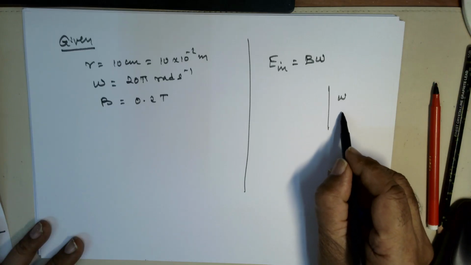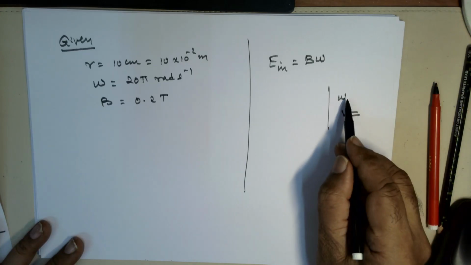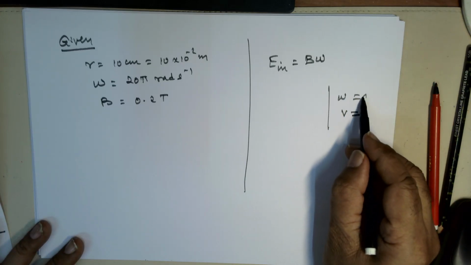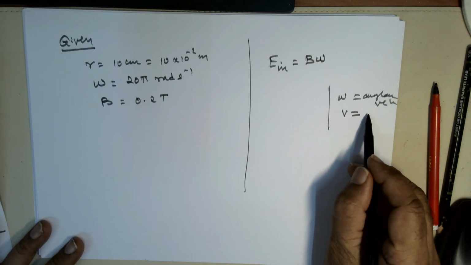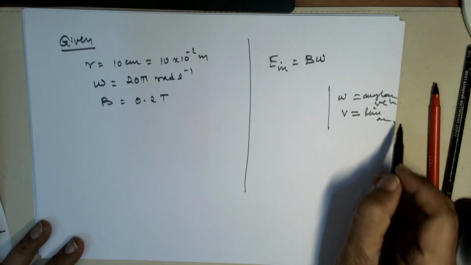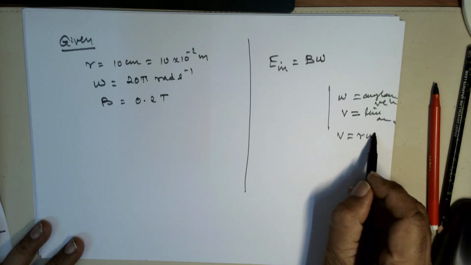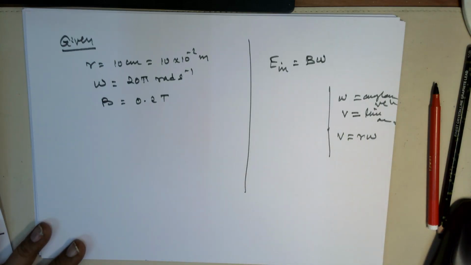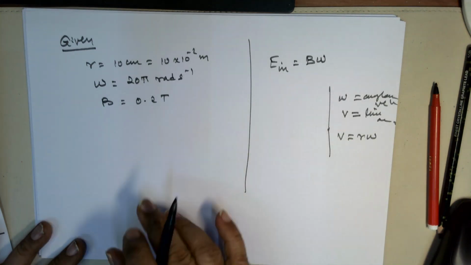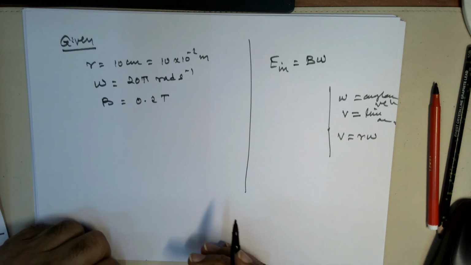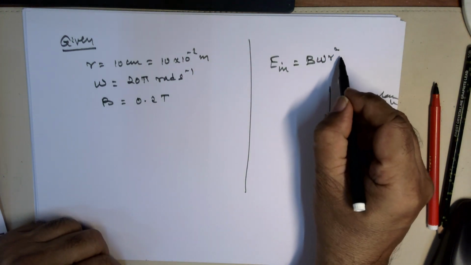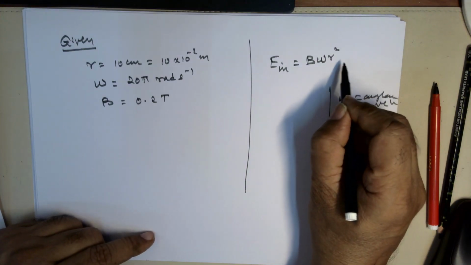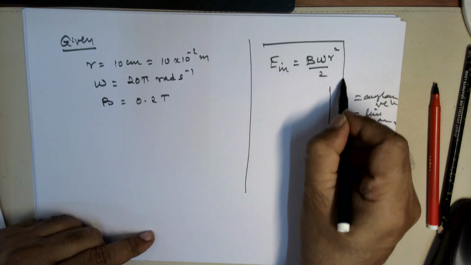What is the relationship? V is equal to R omega. So we put R omega, and you already have R here. Therefore the equation becomes omega R squared divided by 2. Take down this formula.